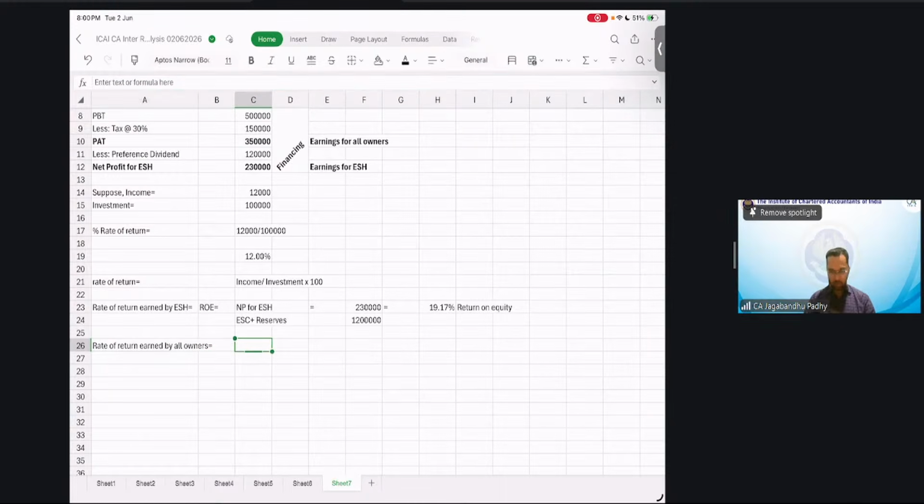What is the formula for this? Rate of return earned by all owners.